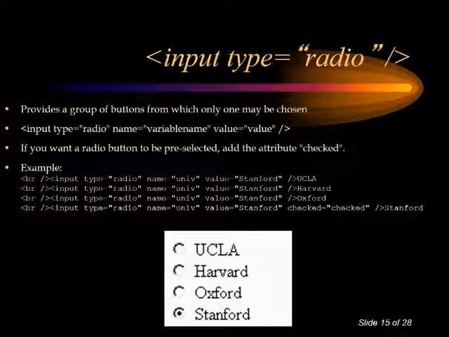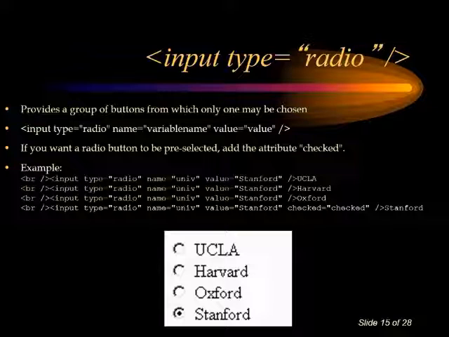That's because in the code, it says input type equals radio, name equals UNIV, value equals Stanford for each of the radio buttons. So what the label says doesn't matter. What matters is what is in the actual HTML code for the input type equals radio. In this case, the variable name is UNIV.